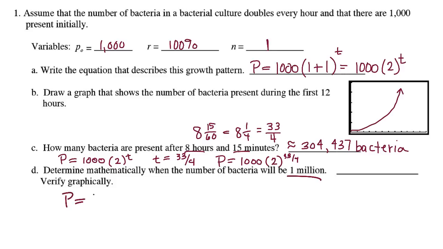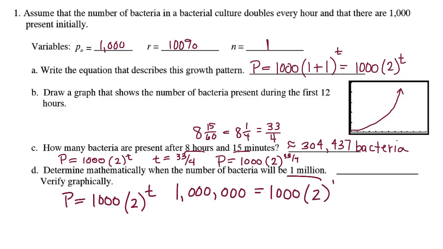Our population is 1,000 times 2 raised to the t power. But now that population is going to be 1 million. So, my goodness, it's an epidemic, 1 million equals 1,000 times 2 raised to the t power.